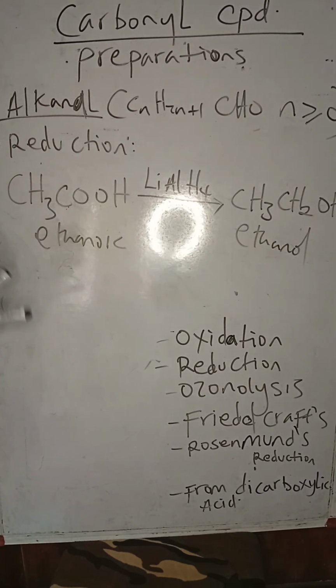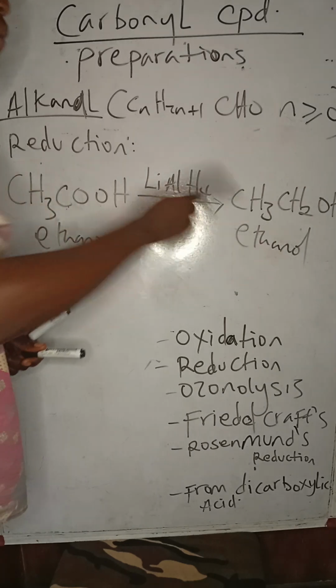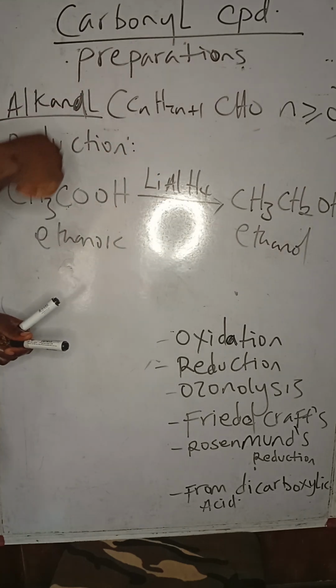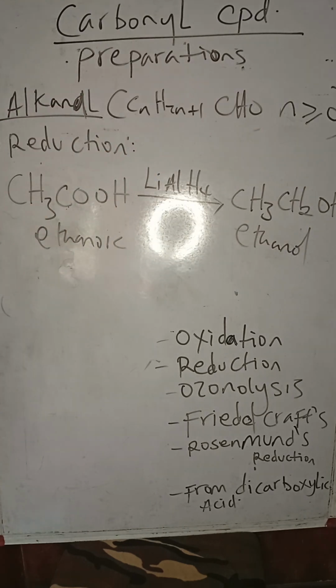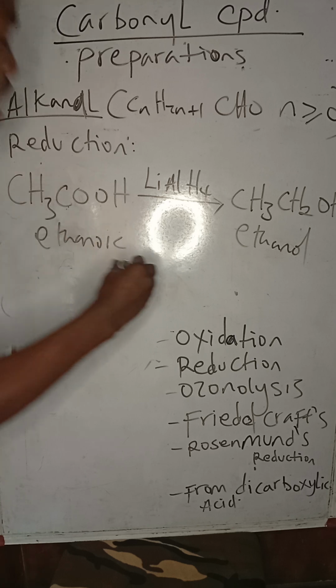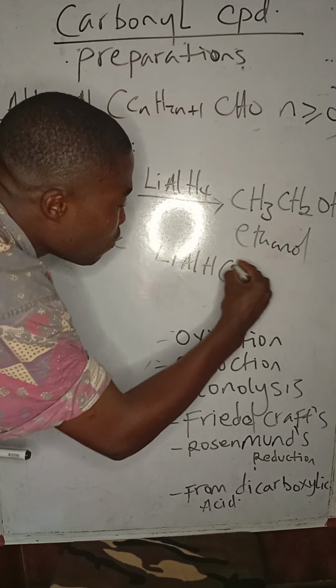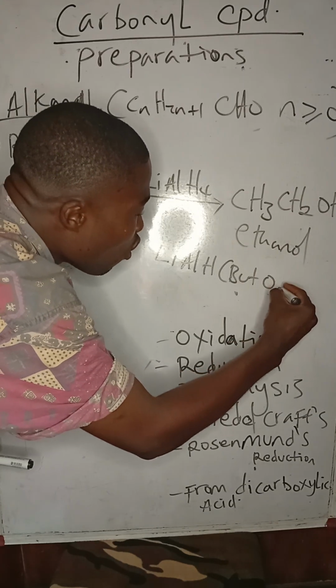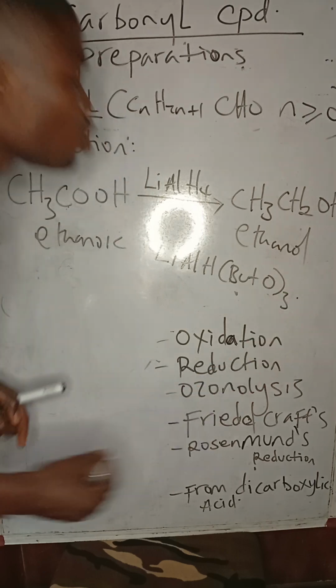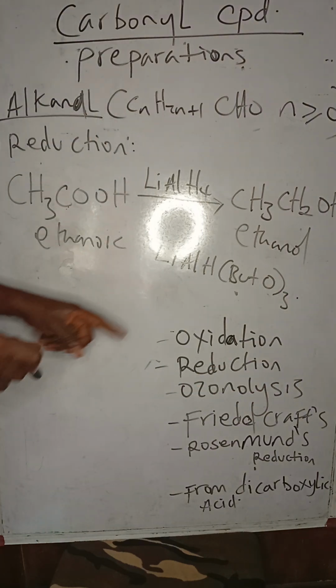Now, to get ethanal rather than ethanol, remember ethanol is a primary alkanol. So we use a mild reducing agent. How can we make the reducing agent mild? A mild reducing agent we can use is LiAlH(OBut)3.